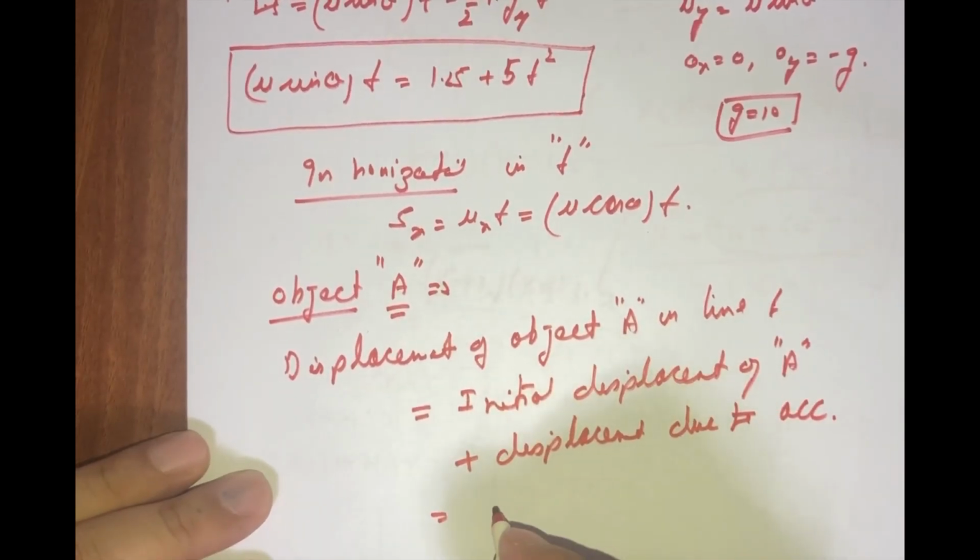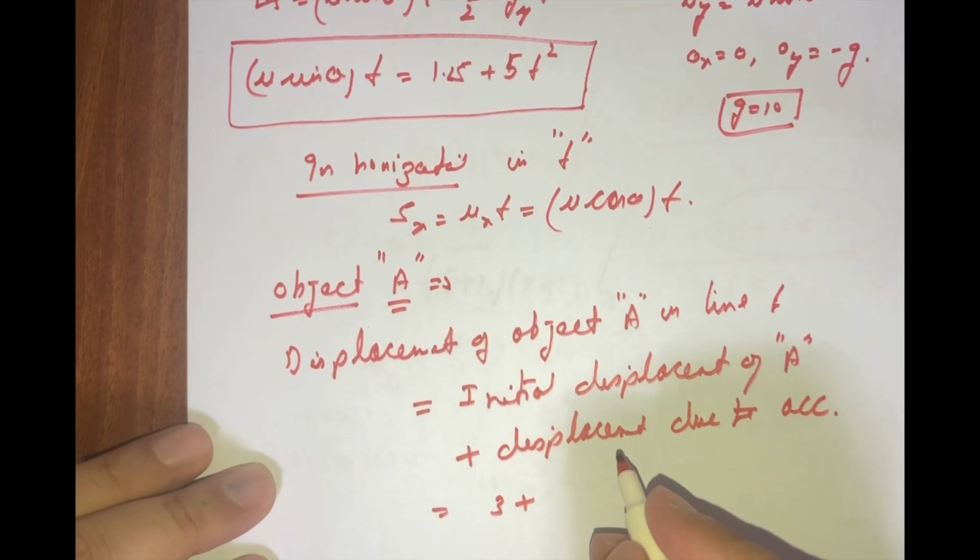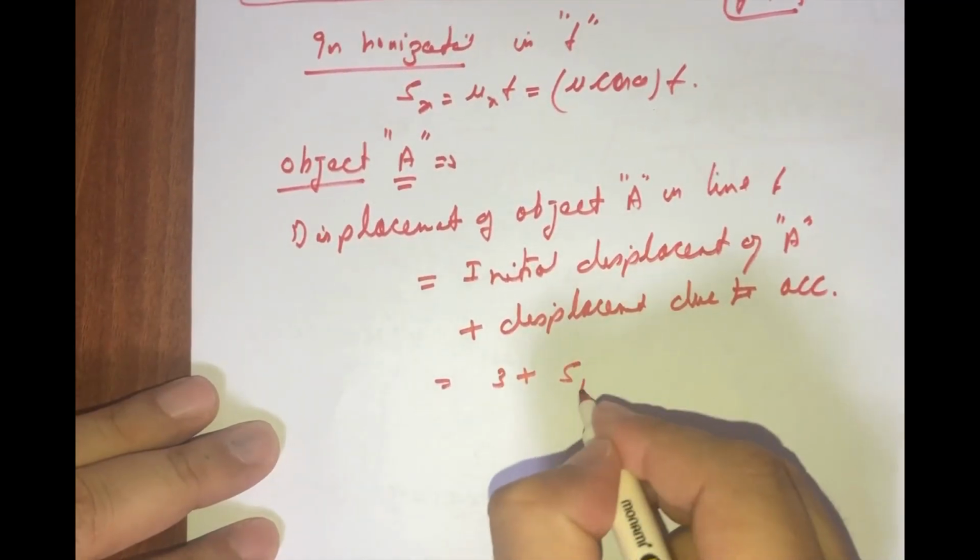So initial displacement is 3, and let us call the displacement due to acceleration as S A.